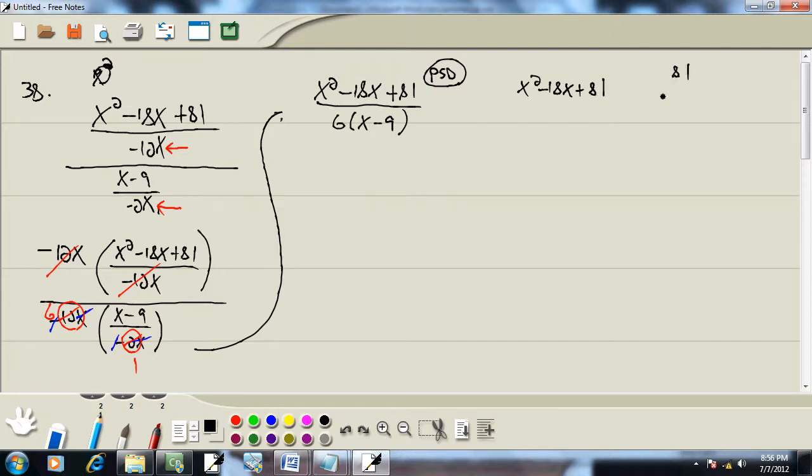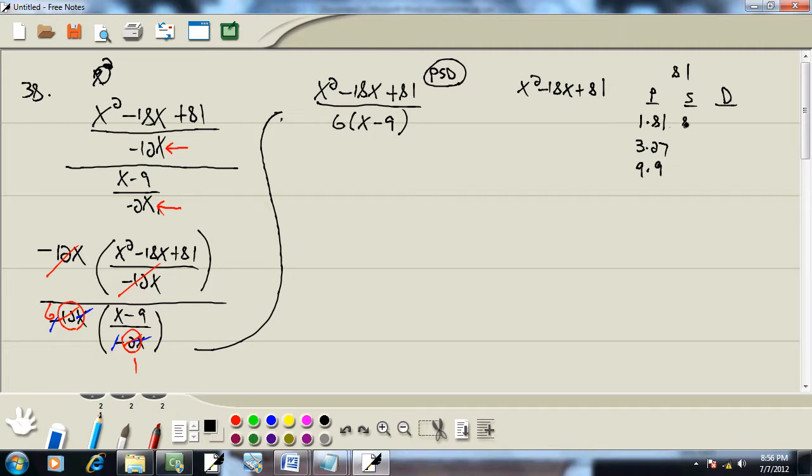We take the number at the end, the 81, and we're going to come up with 3 columns. Our product column, we list all the products to give us 81. 1 times 81, 3 times 27, 9 times 9. In the sum column, we add those together.